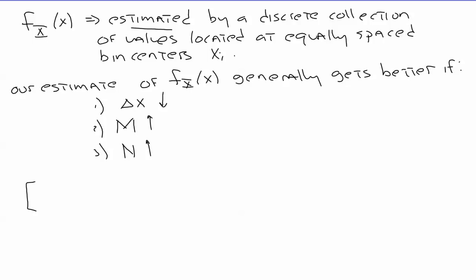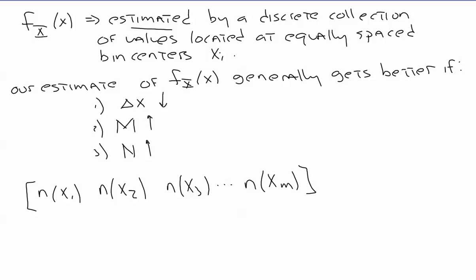This one row vector in x1, in x2, in x3, all the way out to in xM, this is known as the histogram. That's the histogram of my random variable x.